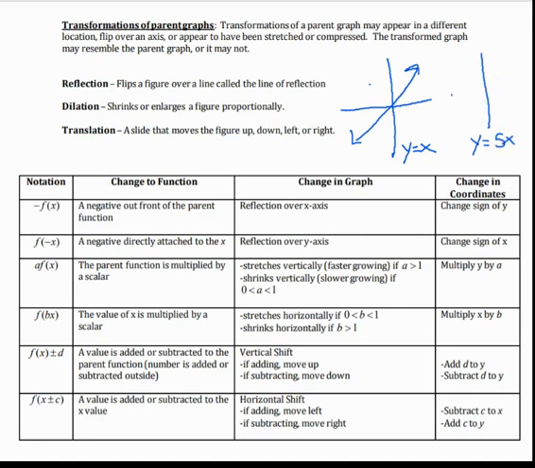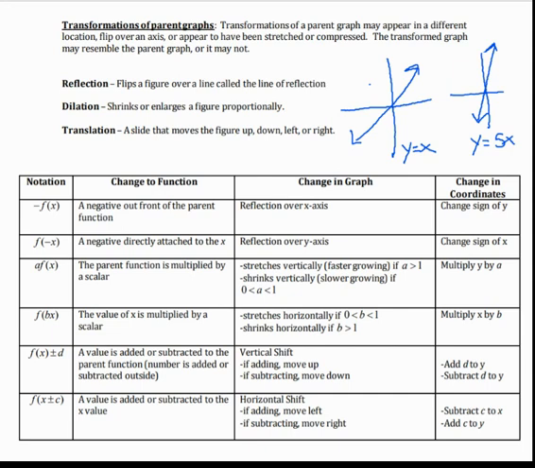What happens there is that it stretches it vertically. So instead of gradually increasing, I have a much steeper slope in this case, and it stretched it vertically. However, if that number is in between 0 and 1, so let's say 1/2, then I'll vertically shrink. It would grow a lot slower.